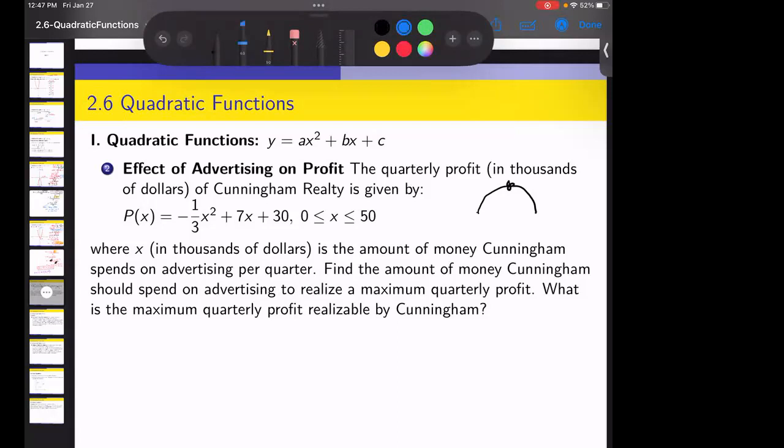So let me highlight what they're asking here. The one I highlighted in blue, what letter are they asking? x or p?